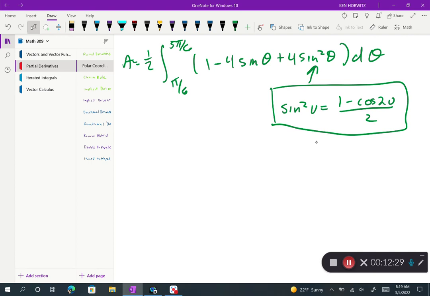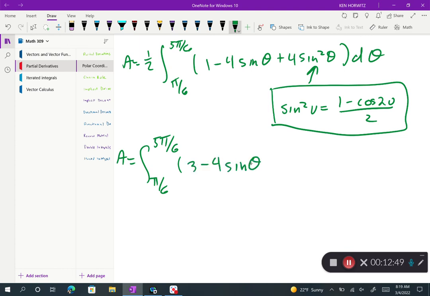All right, hopefully you made the substitution. So I got area equals, and I did a little bit of extra algebra, the integral from pi over 6 to 5 pi over 6, and by doing a little bit of extra algebra, I'm left with 3 minus 4 sine theta minus 2 cosine 2 theta d theta.